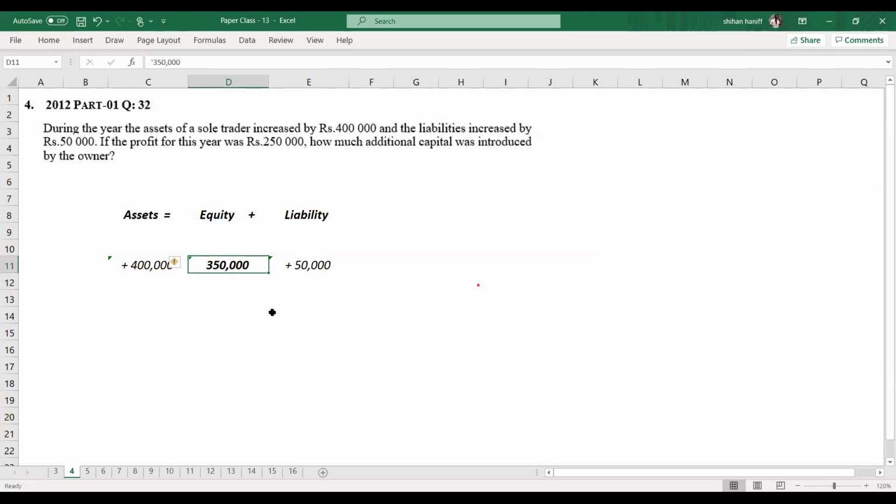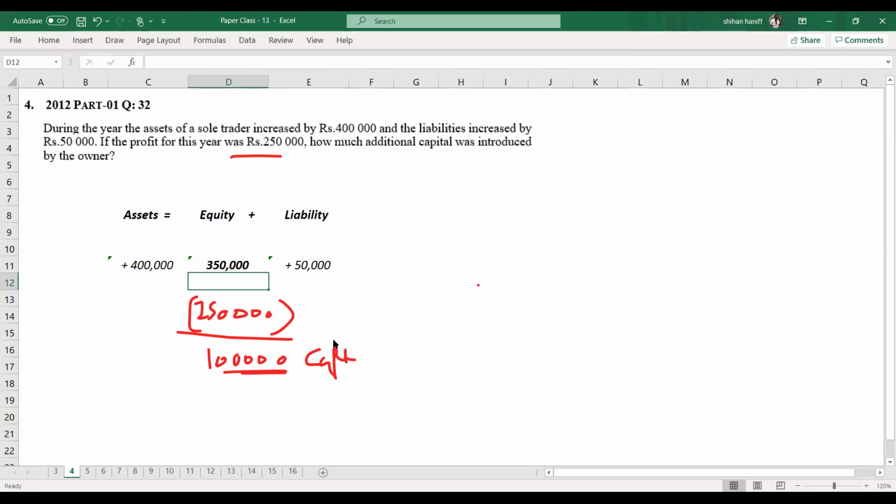Out of this equity, 350,000, if the profit is 250,000, then the additional amount is the capital.